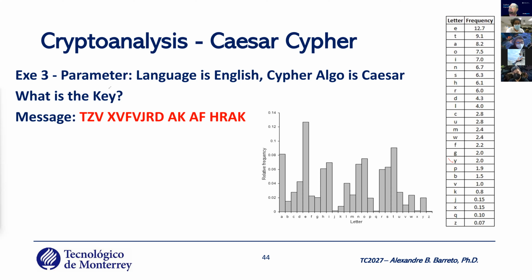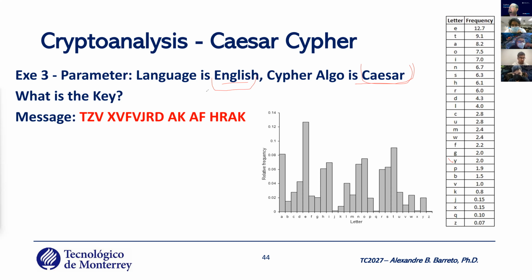Again, you don't have the key, but you know that this cipher message is written in English, and the cipher algorithm is the Caesar. You know only two things, and you don't know the key. How to retrieve the clear text message?